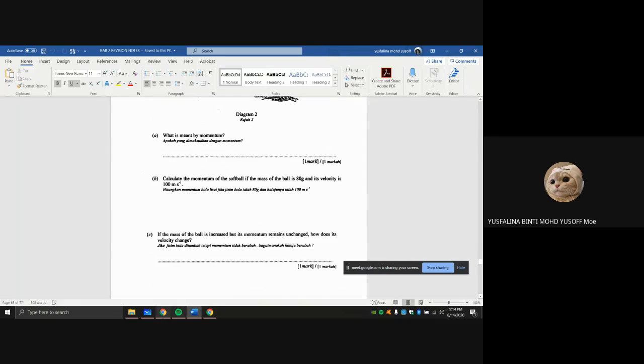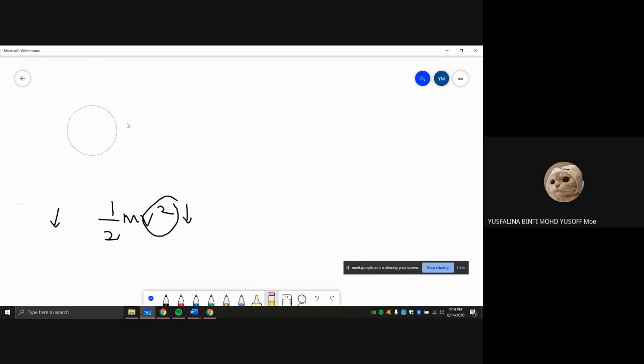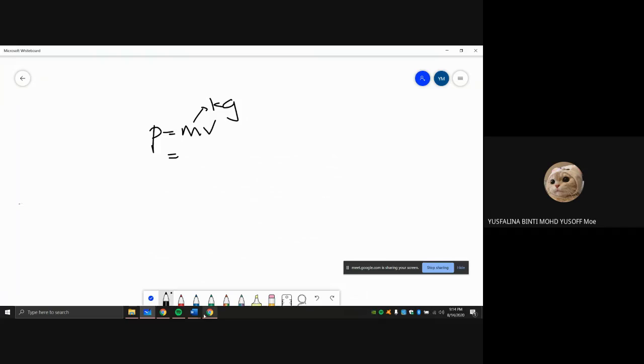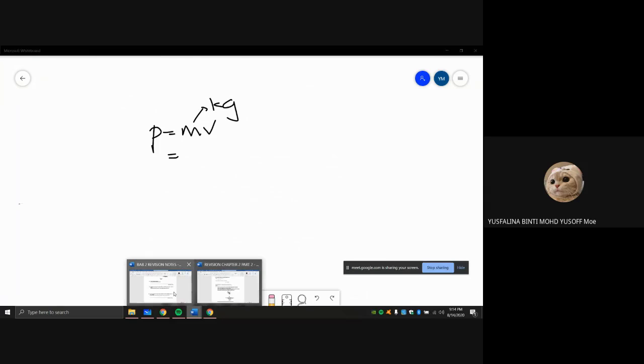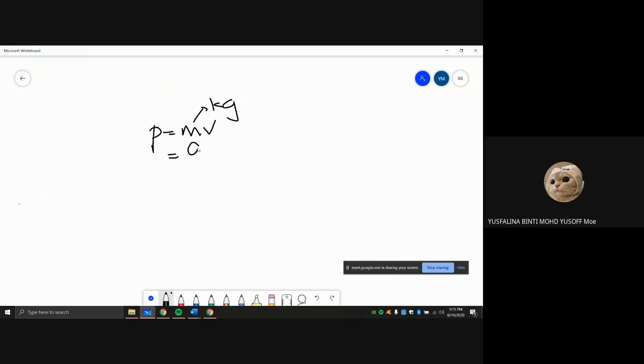So you know the formula for momentum is mass multiplied by velocity, or P equals mv. The mass must be in kg, so you change it to kg: 80 divided by 1000, you get 0.08.